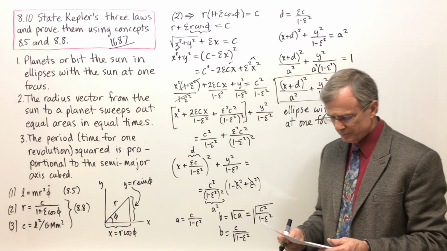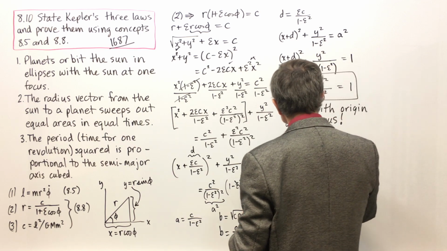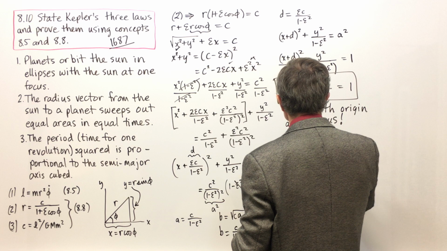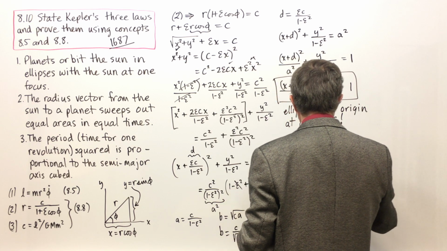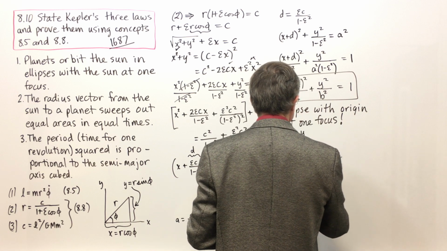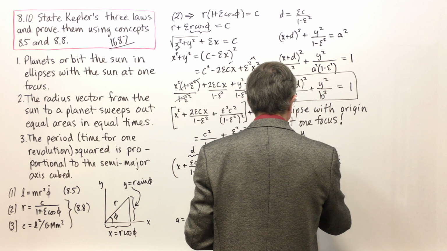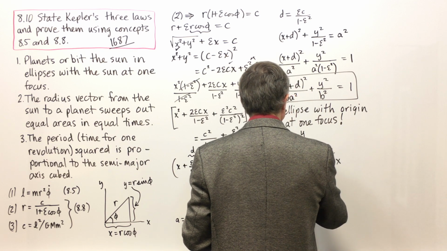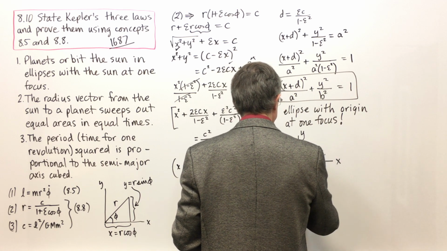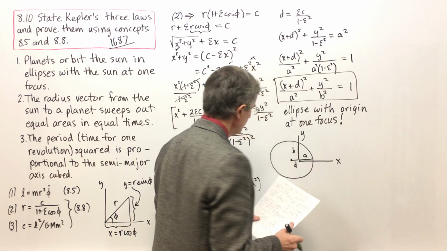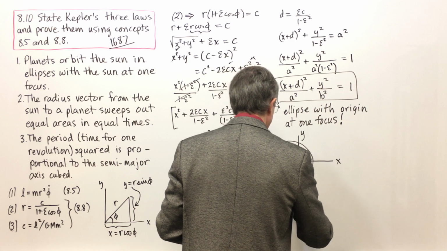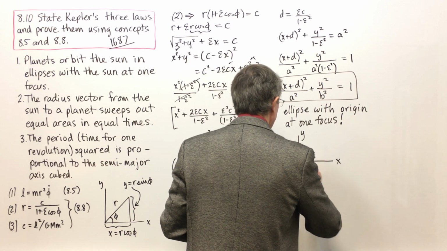And if you want to, so in other words, let's see. x, y, a, b, d. So this is the center of the ellipse. This is one of the foci.